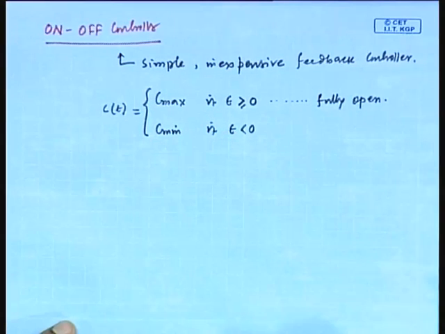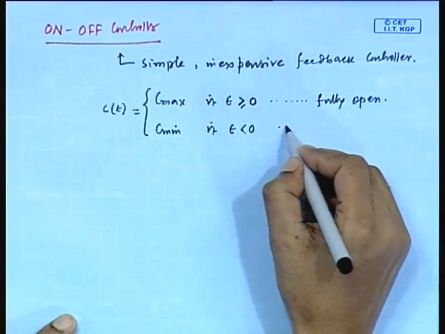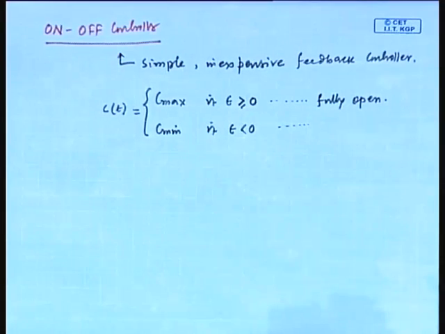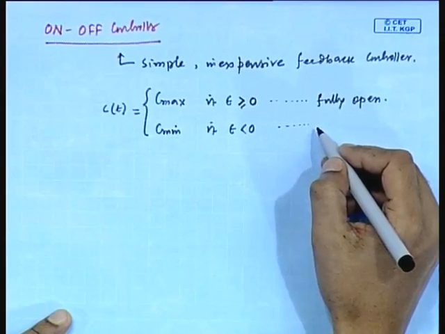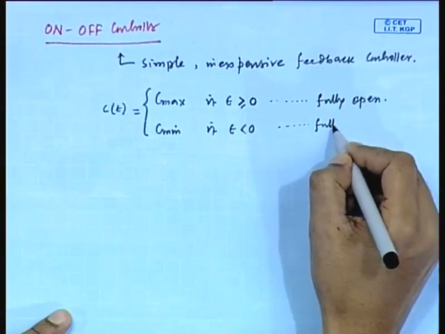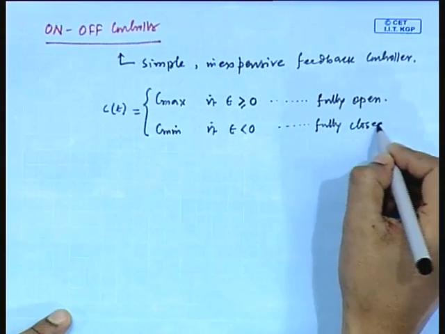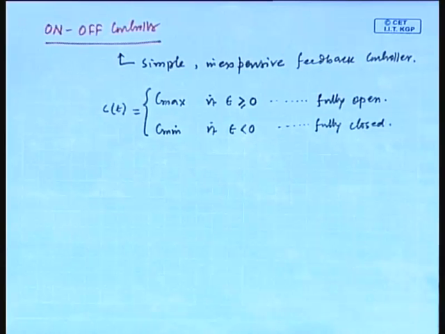The controller output becomes the minimum value when error is less than 0. For a control valve, this indicates full closing, I mean fully closed. There is no intermediate control action, either the maximum value or the minimum value. That is why the name on off.